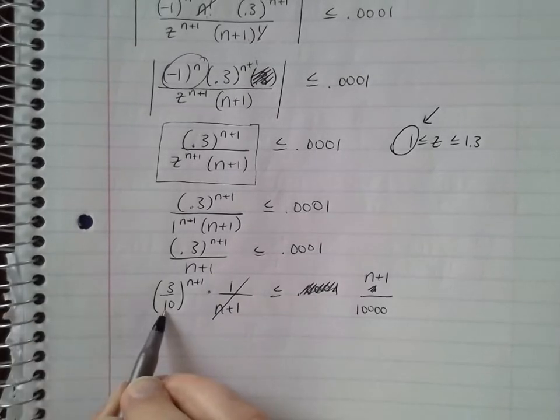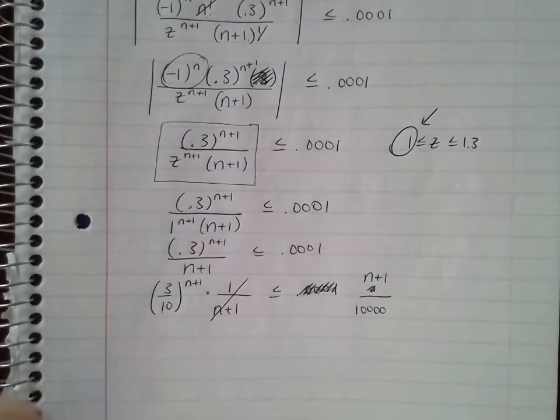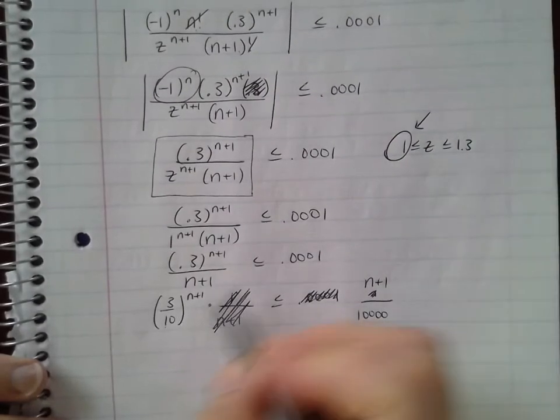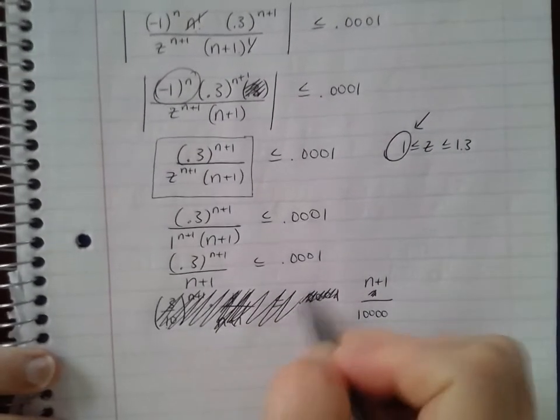Okay, I'm getting kind of crazy. Hold on, I'm going to make sure that I'm saying the right thing. This is where I'm getting caught in my words. Okay. I didn't need to bring that over at all. So let me go back one line.